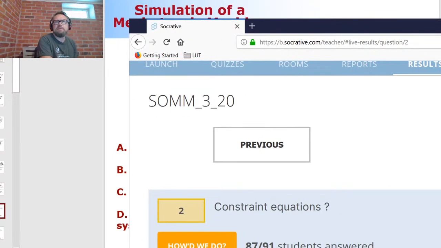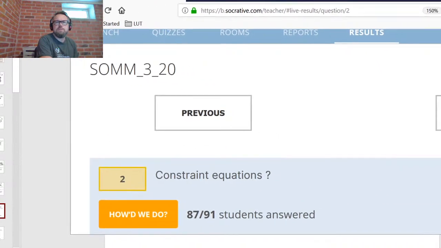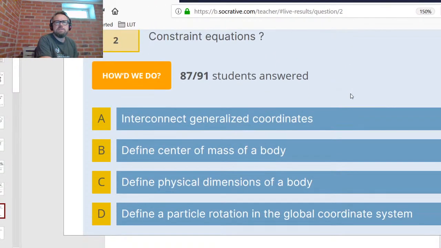Now, let me show you the results. Look at the number of students. We have a huge number of students today, so this is a really popular event. For sure we didn't have that many students this year so far. Okay, two of you are still thinking.